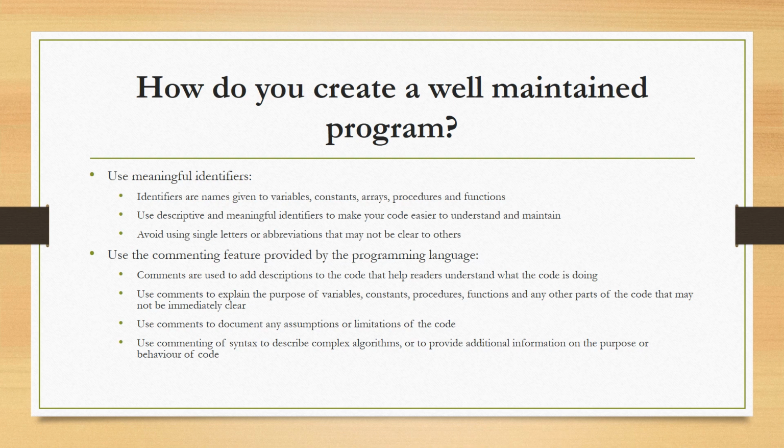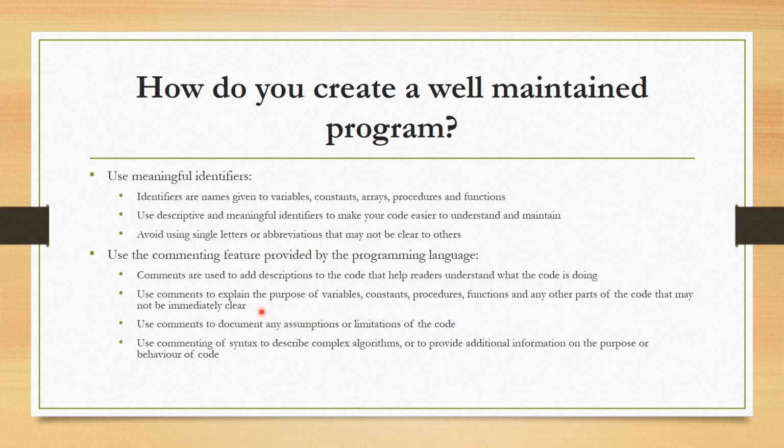You use descriptive and meaningful identifiers to make your code easier to understand and maintain. Avoid using single letters or abbreviations that may not be clear to others. Second thing is, use the commenting features provided by the programming language. Comments are used to add descriptions to the code that will help readers understand what the code is doing.